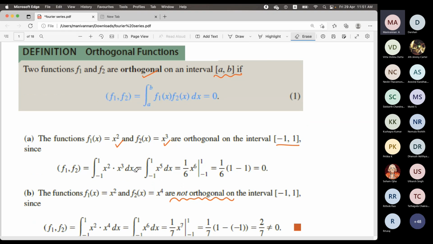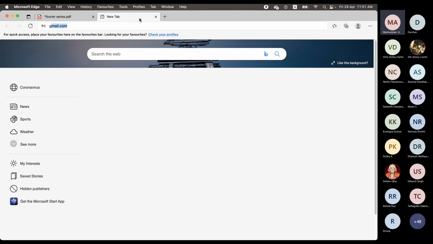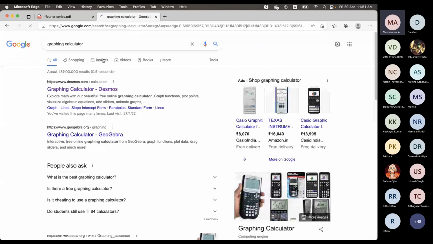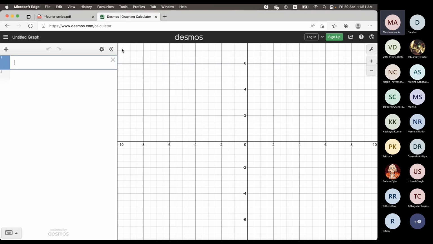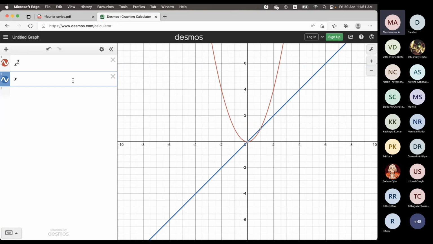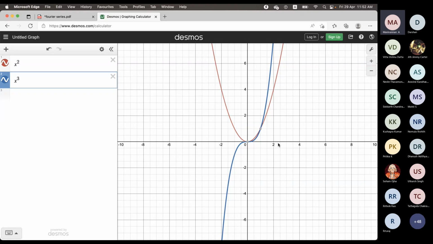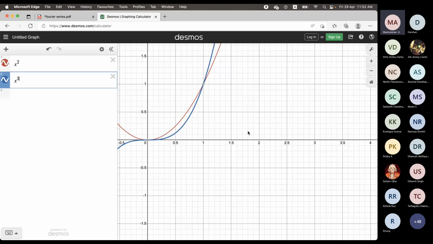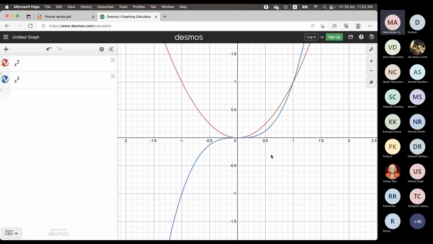Okay, and if you want to check with a graphic calculator, we have to restrict the interval. x square and x cube, in the interval -1 to 1.